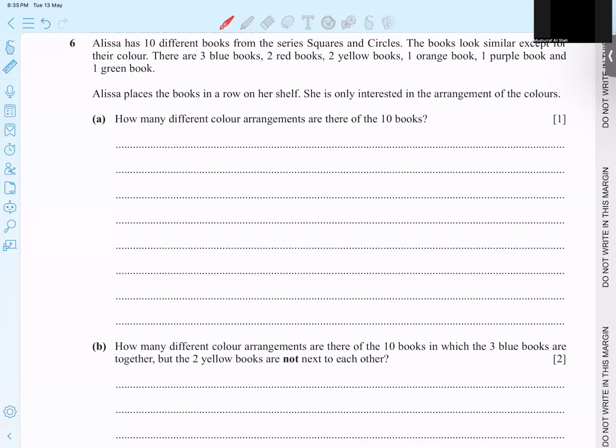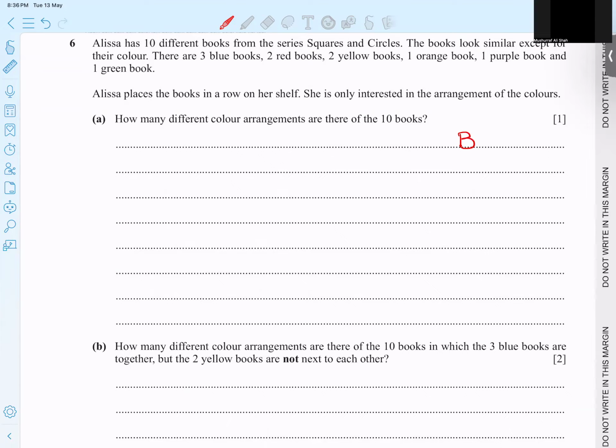Question number 6: we have 10 different books for series square and circles. The books look similar except for their color: 3 blue, 2 red, 2 yellow, 1 orange, 1 purple, and 1 green. Too many colors, so let me write the colors first.